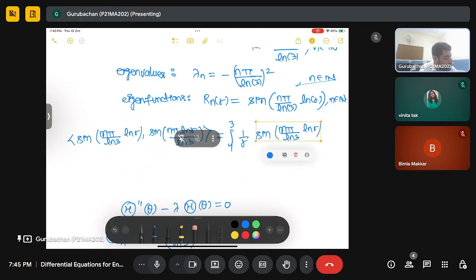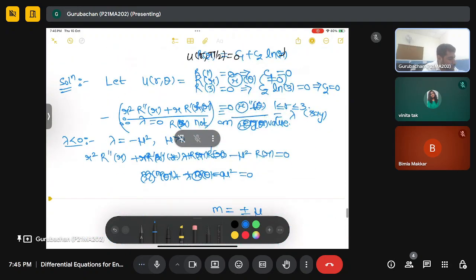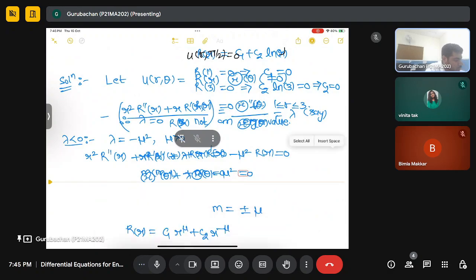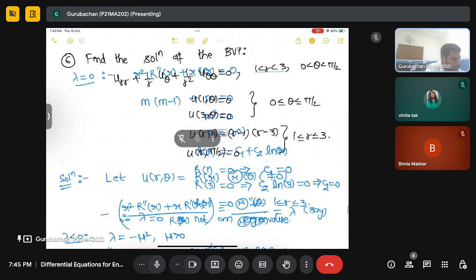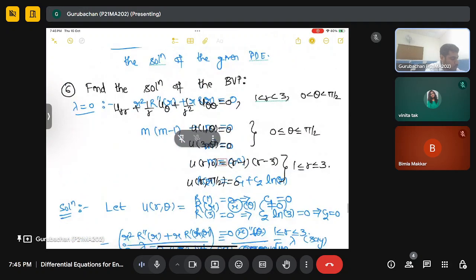This function into this function dr. I think we wrote dr above also. Okay, it's been overwritten here. Don't know why.